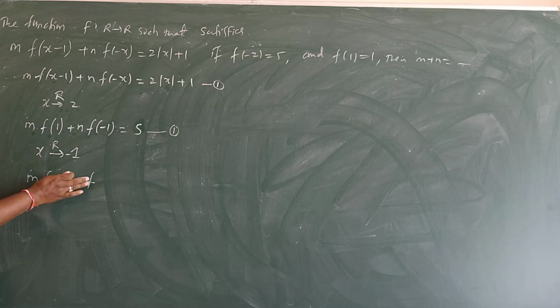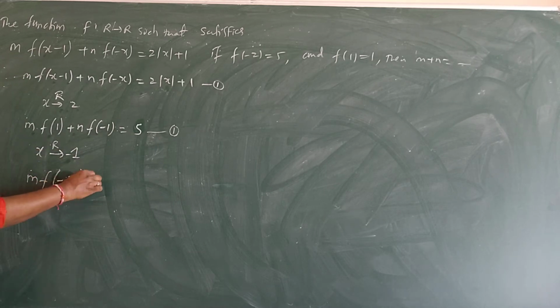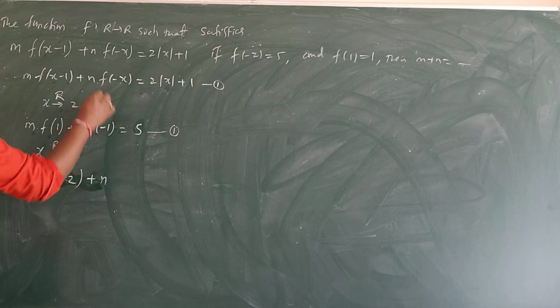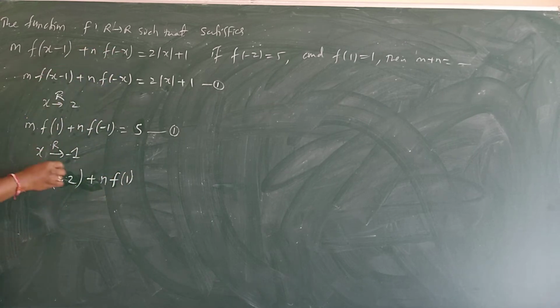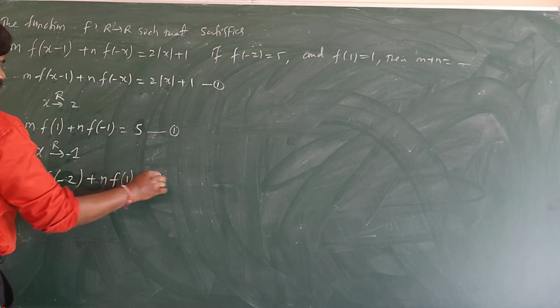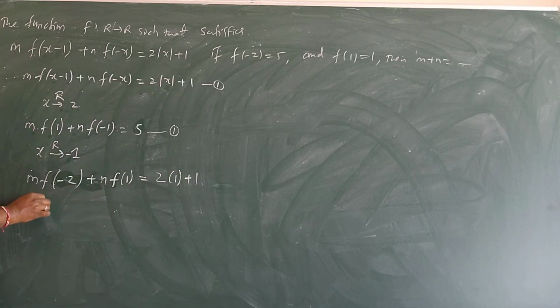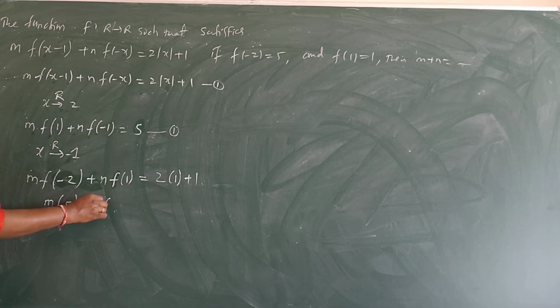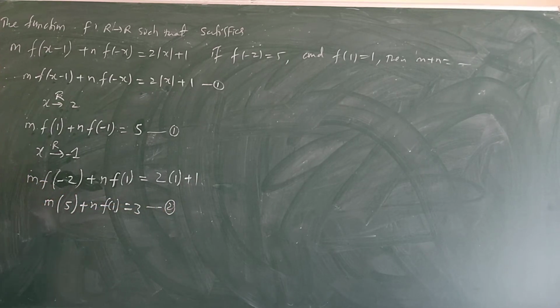If x is equal to minus 1, f of minus 2 is 5. Taking x as minus 1, you get m into f of minus 2 plus n into f of minus of minus 1, which is plus 1, so f of 1. This is equal to 2 times modulus of minus 1, which is plus 1. So you get m times f of minus 2, which is 5, plus n times f of 1 is equal to 3. This is the second equation.